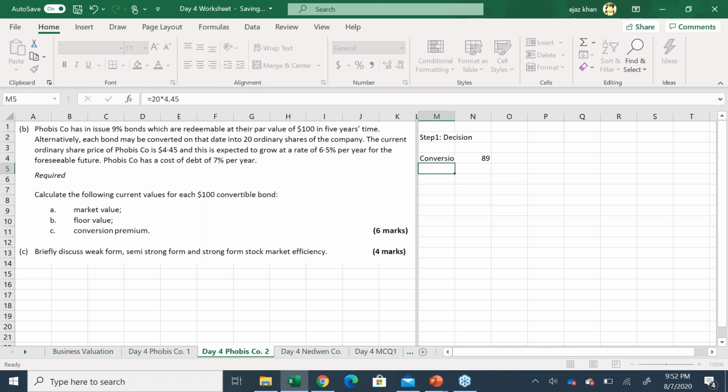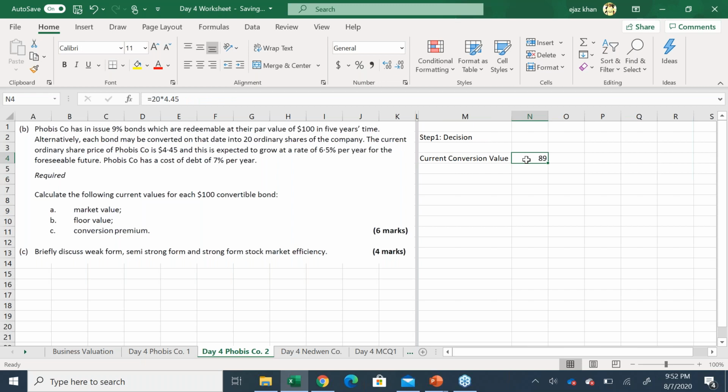This $89 is called the current conversion value. That is, if the option were to convert today, this would have been the value. But we don't need the current conversion value.